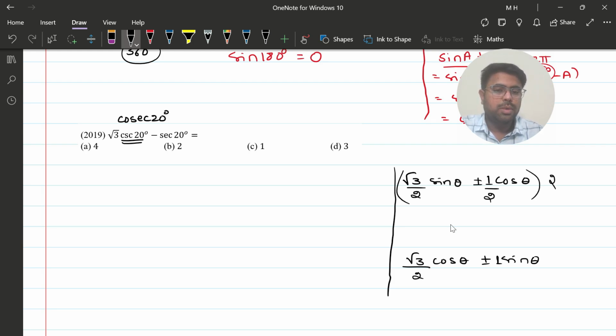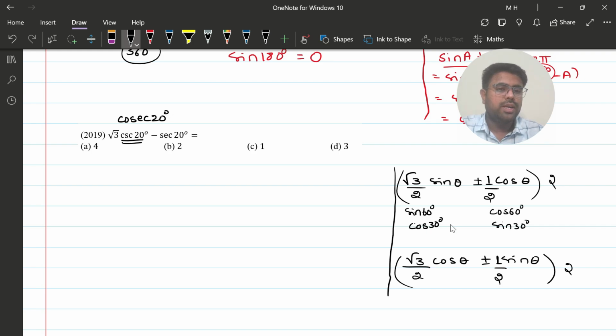Can you write root 3 by 2 as sine 60? Yes. Can you write this as cos 60? Yes. Or root 3 by 2 as cos 30? Yes. And can you write 1 by 2 as sine 30? Yes.